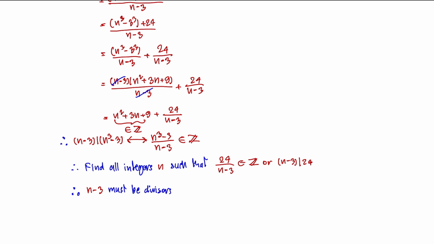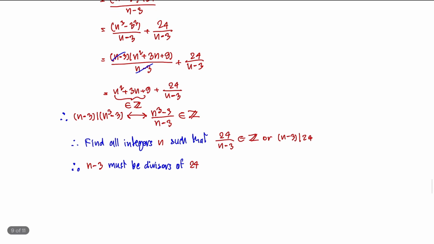And what are those divisors? Those divisors are plus and minus 1, 2, 3, 4, 6, 8, 12, and 24 itself and minus 24.